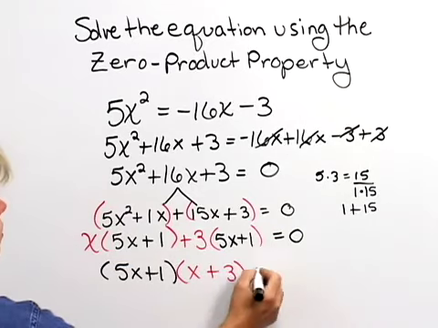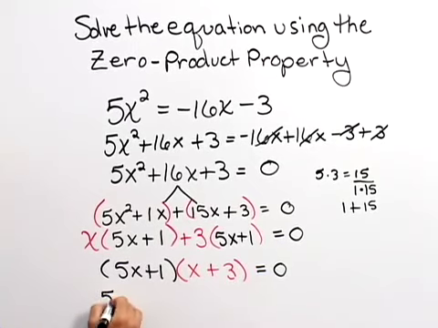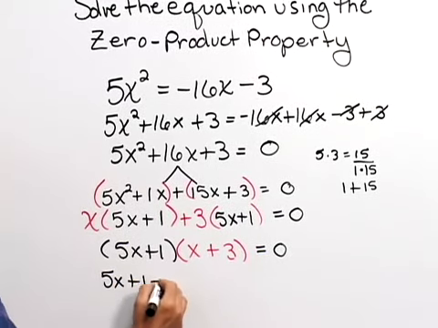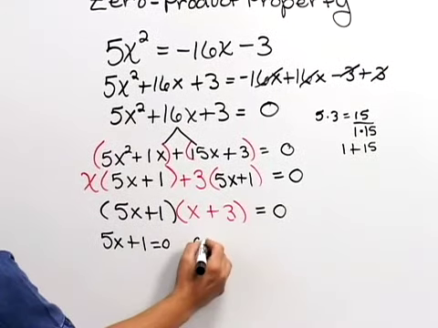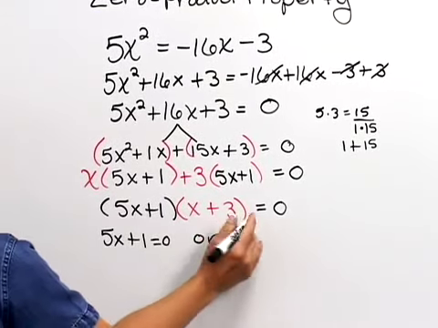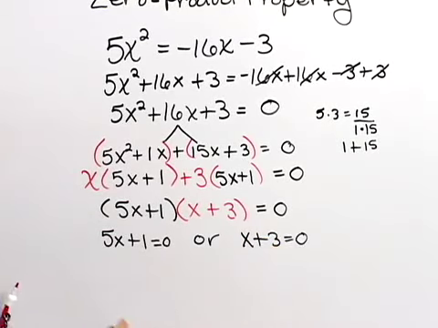And that equals 0. Now, in order for this to equal 0, either this is 0 or that is 0. So we're going to set 5x plus 1 equal to 0 and then solve it. That will give us one answer, or the other possible answer would be our x plus 3 equaling 0.